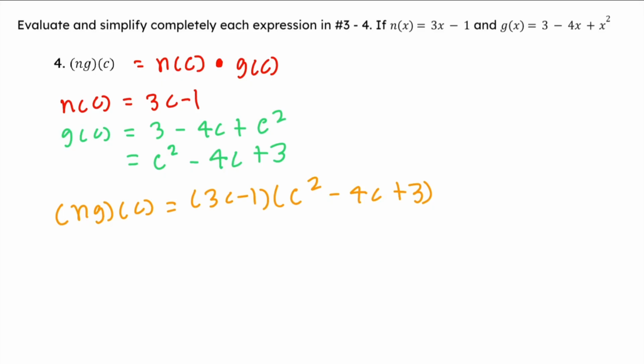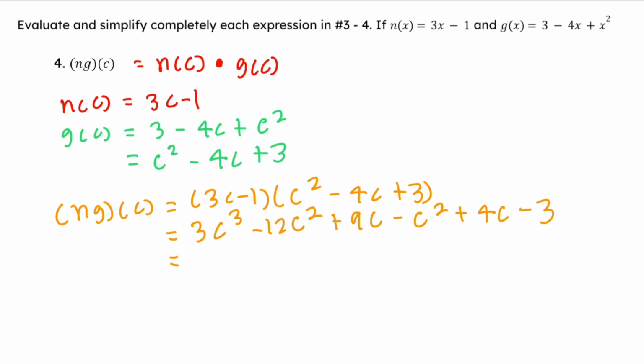So let's take the 3c first and multiply it by all three of these terms. 3c times c squared is 3c cubed. 3c times negative 4c is negative 12c squared. And then 3c times 3 is positive 9c. Now we're going to take this negative 1 and distribute it to every term. Negative 1 times c squared is negative c squared. Negative 1 times negative 4c is positive 4c. Then negative 1 times 3 is negative 3.